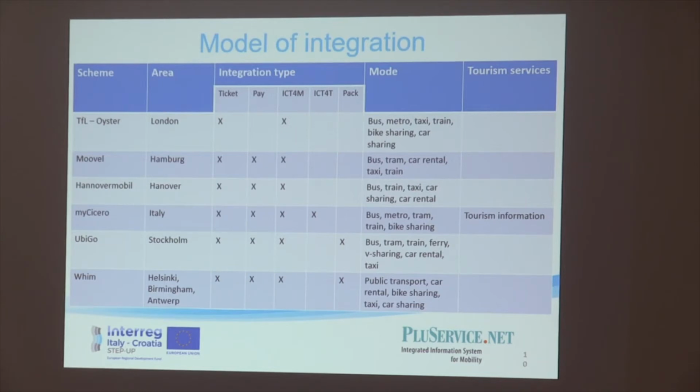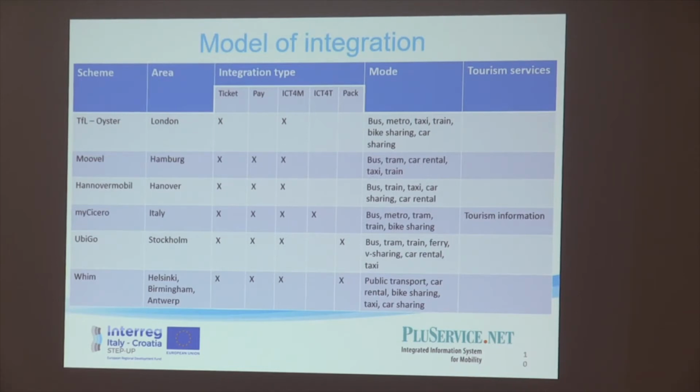Payment integration, where it's possible to buy different tickets of different transport providers by a unique financial transaction. ICT for mobility means that there is a single interface to search information regarding different transport providers.